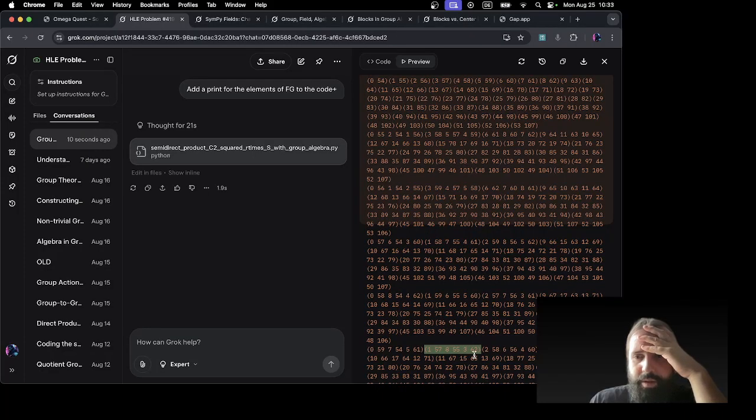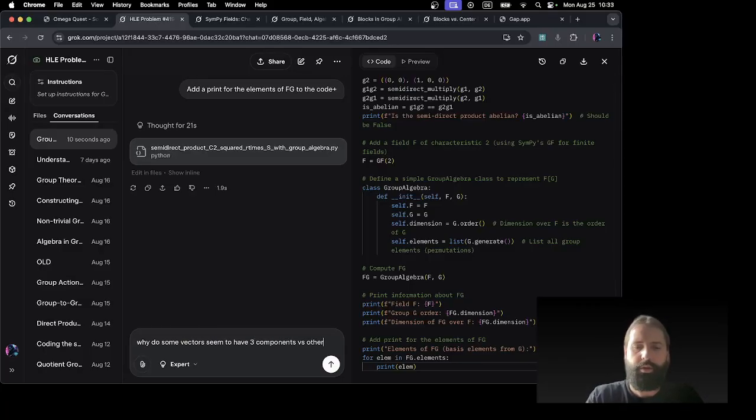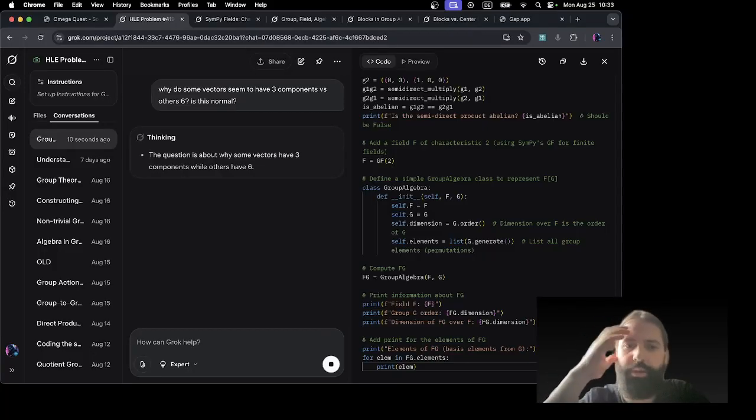Some of them seem to have 6 dimensions. Why do some vectors seem to have 3 components versus others 6? Is this normal? That's what I'm not so sure about.